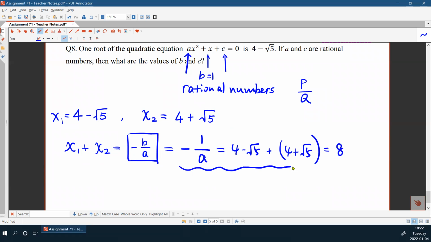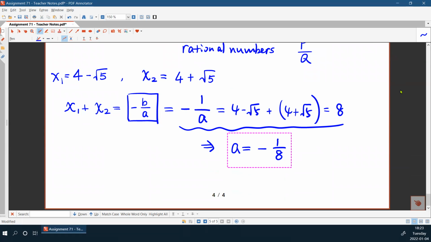So according to this equation here, a can be solved to be negative 1/8, right? Can you see that? So this is the value of a. Can you follow me?